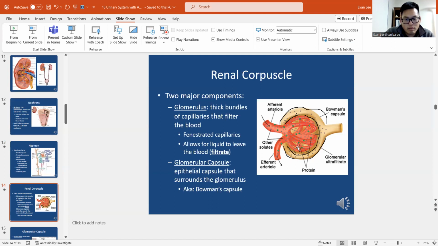Small molecules such as glucose, water, sodium, and chloride are going to be able to exit the blood here, or be filtered out. A lot of that stuff you probably want to keep, so we'll get to that in just a minute. But basically, you're forming the filtrate here, which is the stuff that was filtered out of the glomerulus.